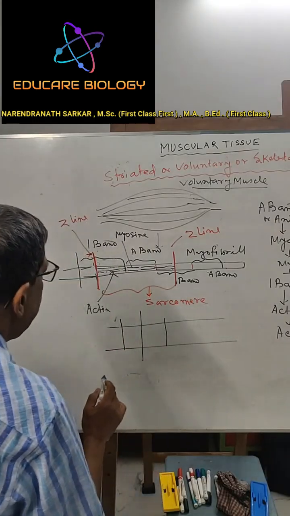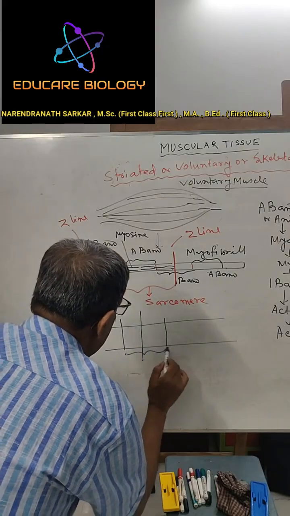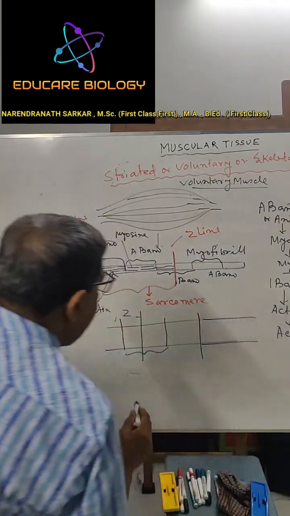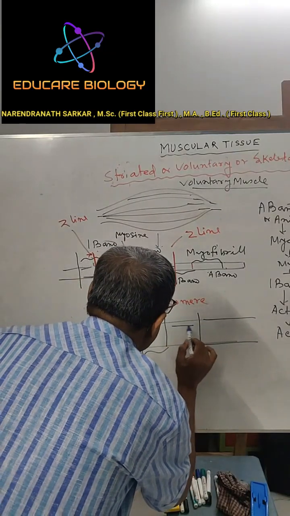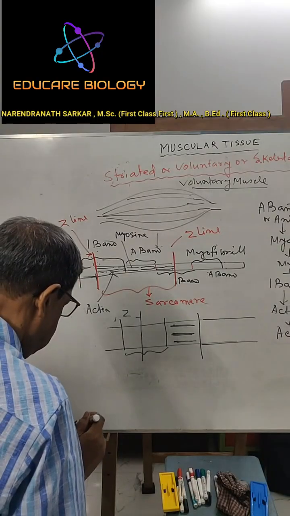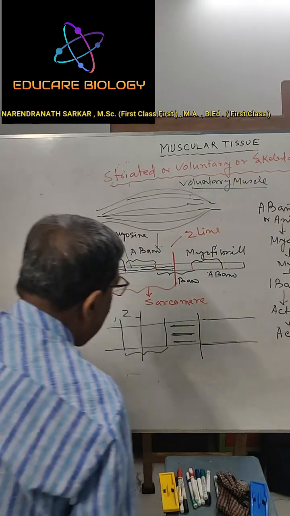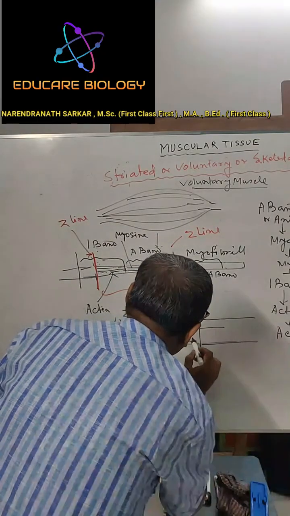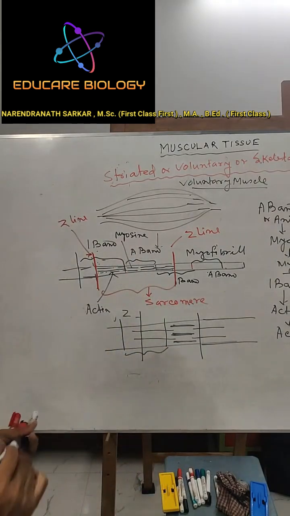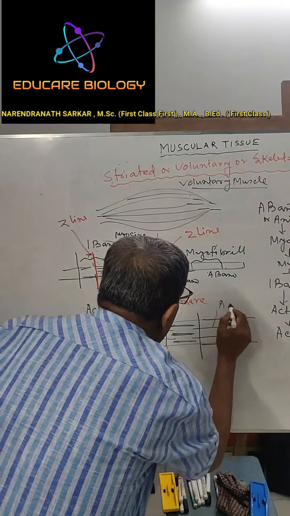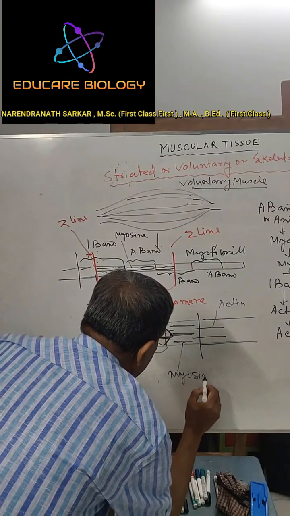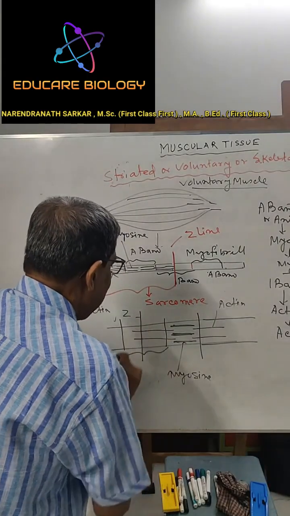This is Z line. Myosin filament is the dark filament. Actin filament is the light filament. That is myosin. That is Z line, that is sarcomere.